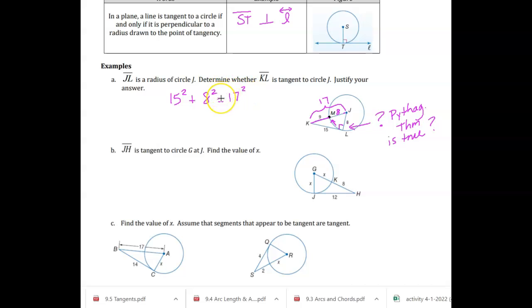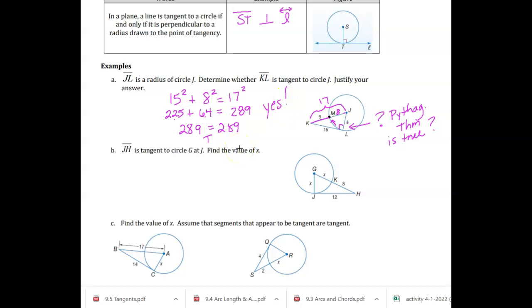So we want to check to see if this is true or not. 15 squared is 225, 8 squared is 64, and 17 squared is 289. If we add these together, I get 289. Since that's true, we're going to say yes. My justification is that the Pythagorean theorem is true.